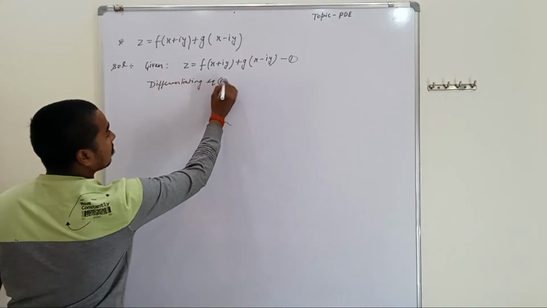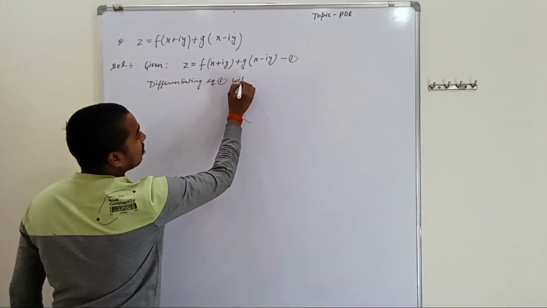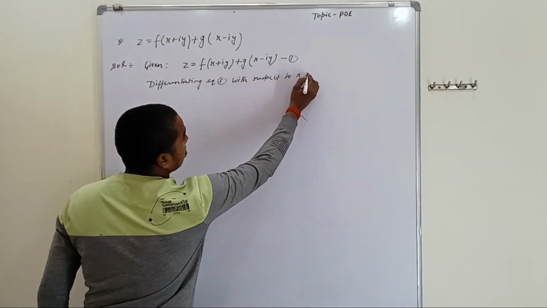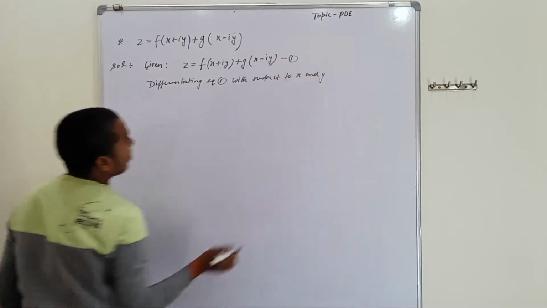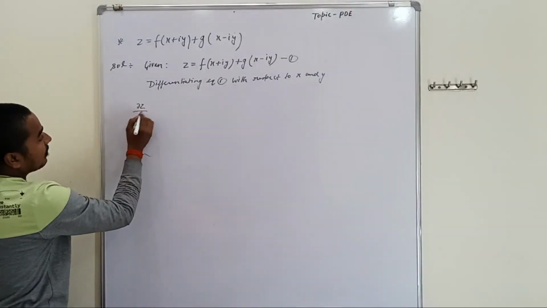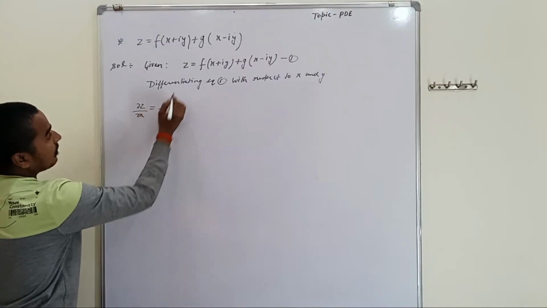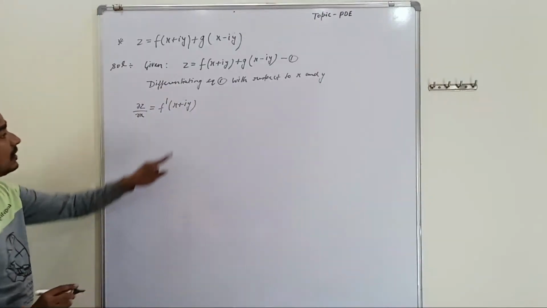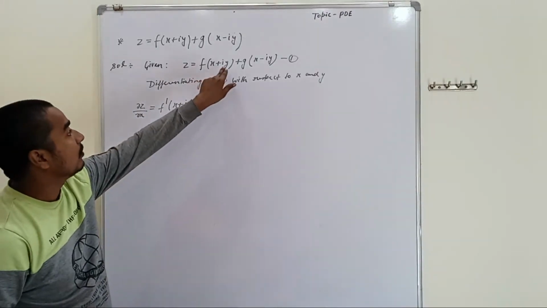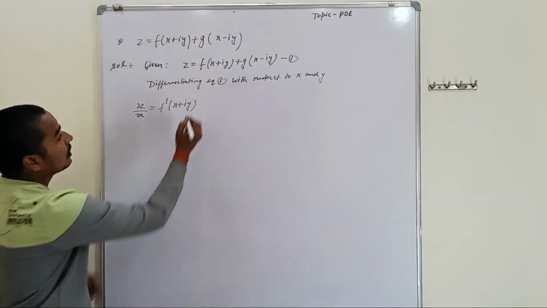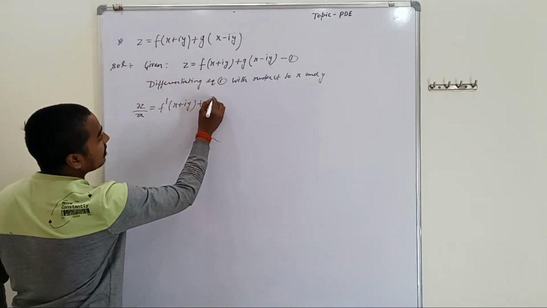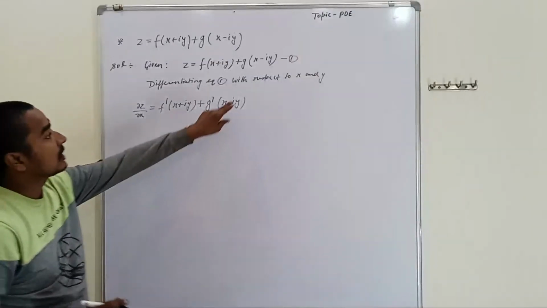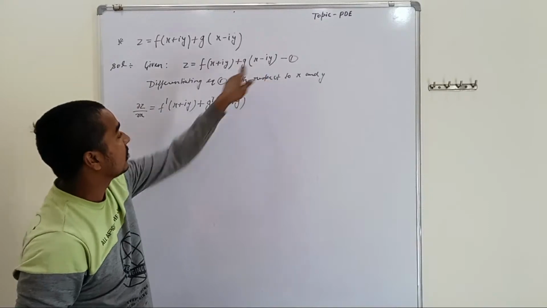Differentiating equation 1 with respect to x, we get del z upon del x is equal to f dash of x plus iy, and partially differentiating x plus iy with respect to x gives 1, plus g dash of x minus iy, and again differentiating x minus iy with respect to x gives 1.